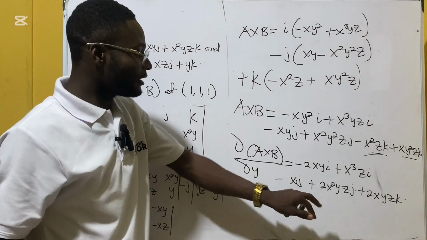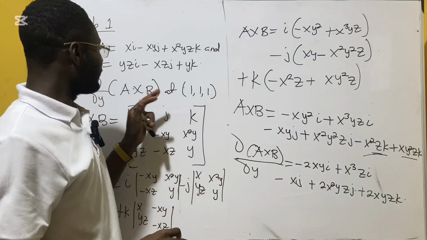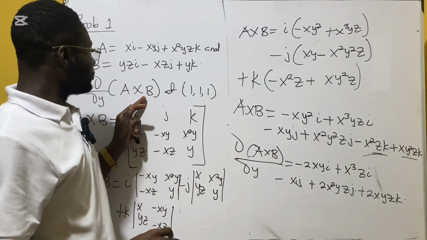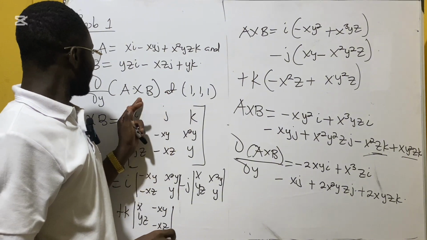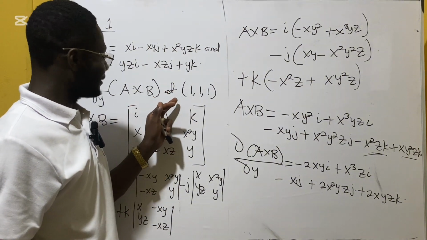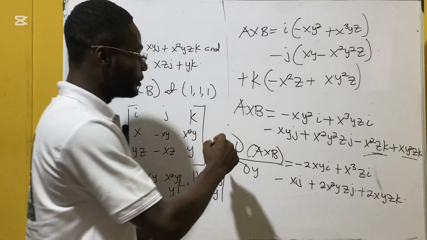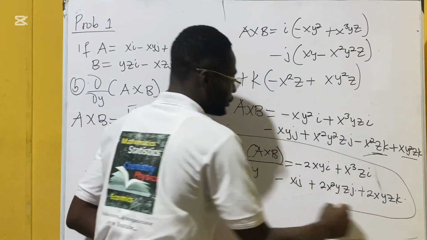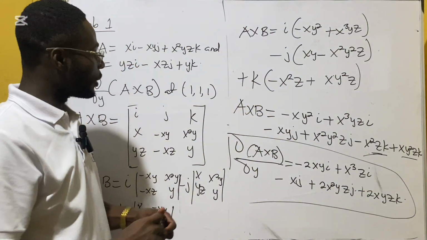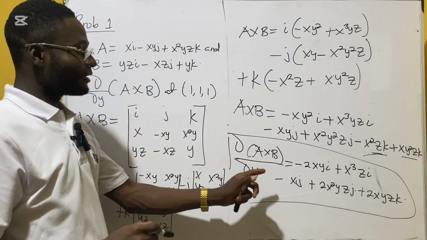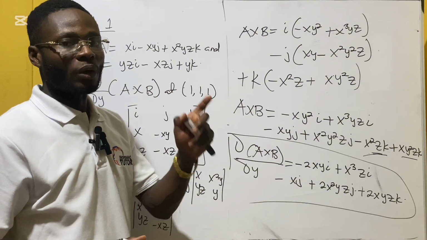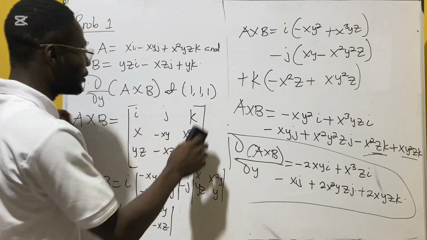Okay, so that is the differential of A cross B with respect to y.